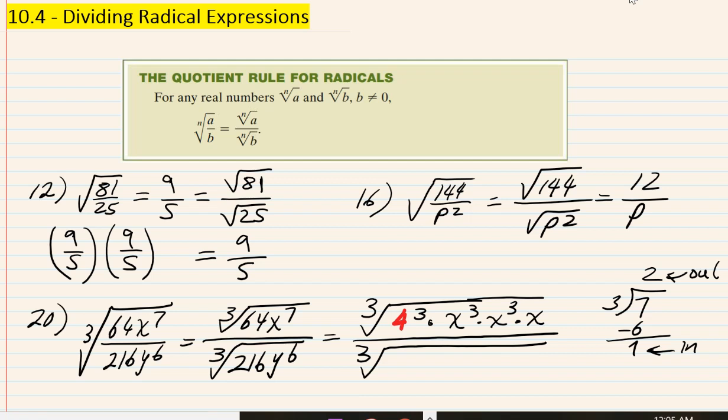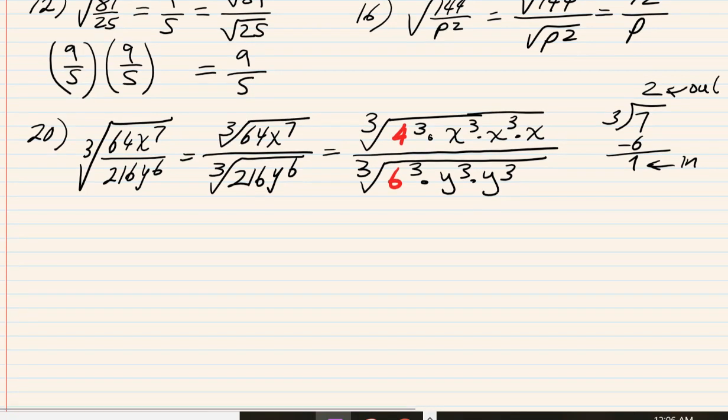Actually, 216 is a perfect cube, and that's because 6 cubed is 216. Okay, now y to the 6th, I'm going to go y cubed. And then we can do this one now.